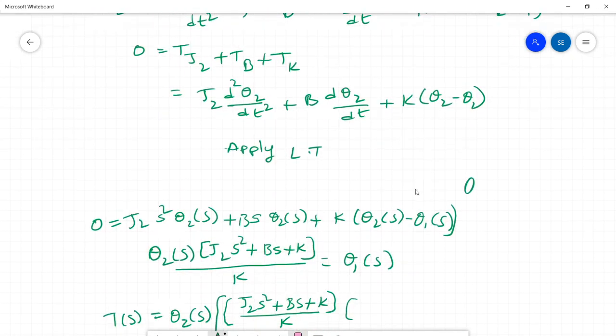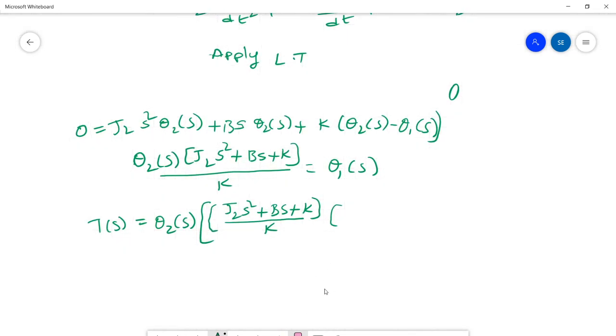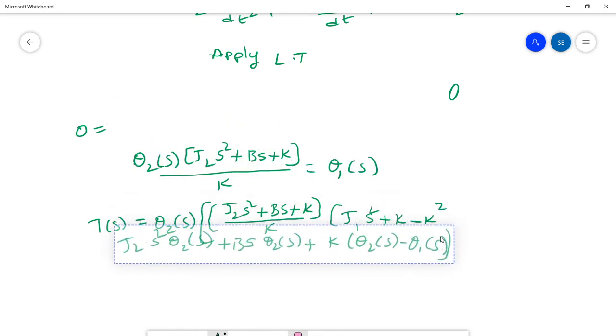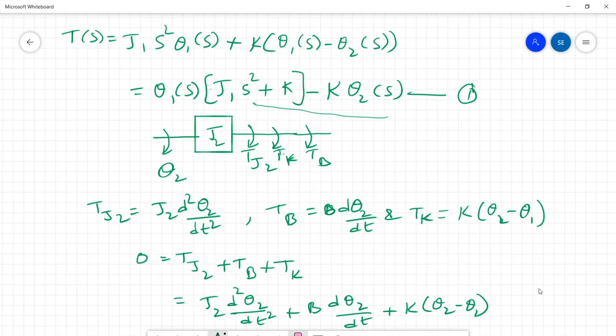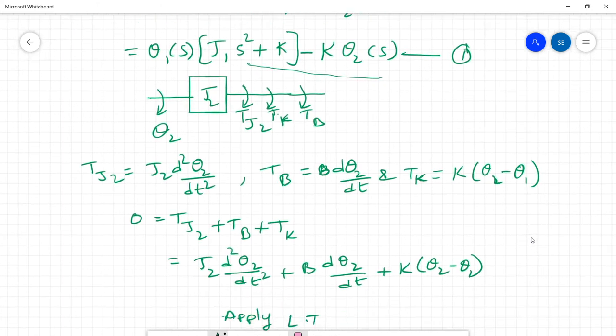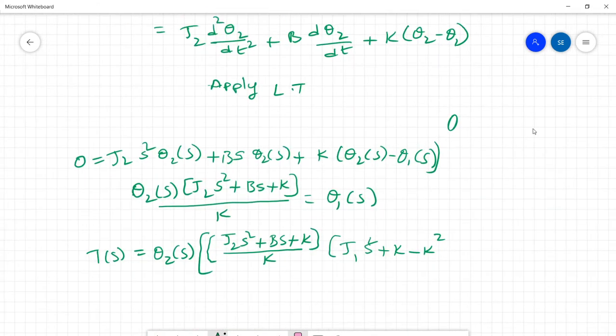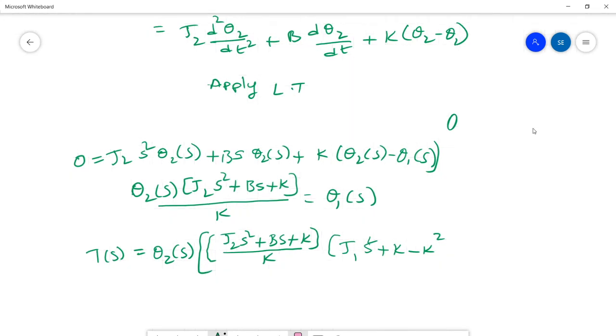Now we'll write that here. J1 S square plus K minus K square. Right, is it correct? K square, since we are representing K as a denominator factor.